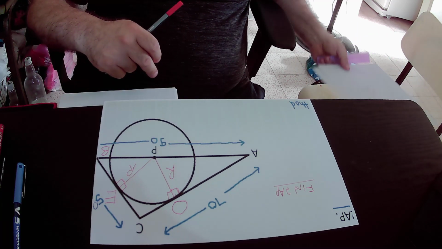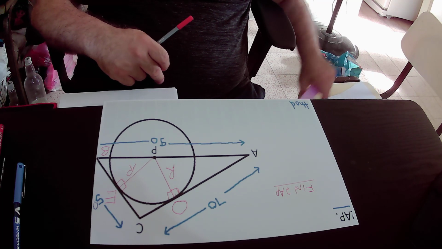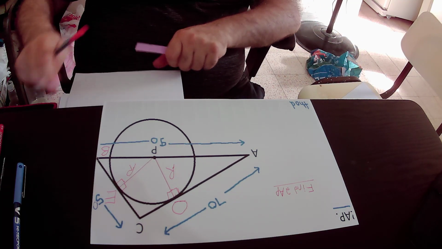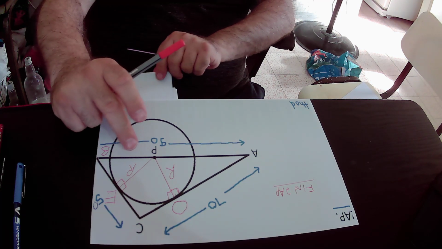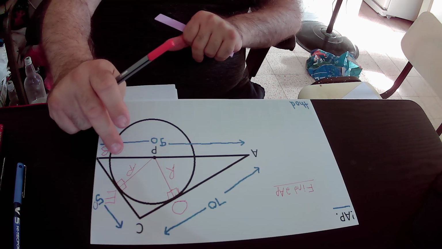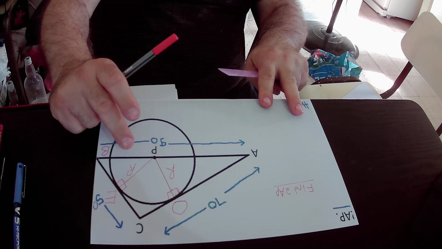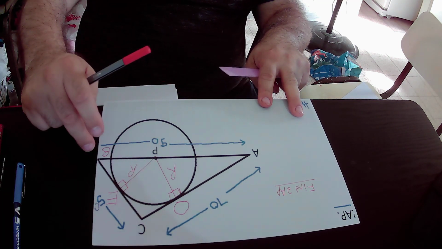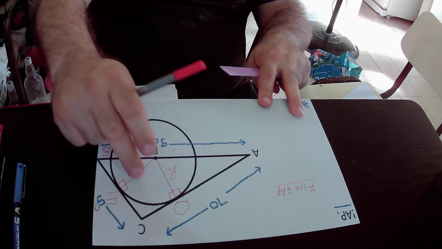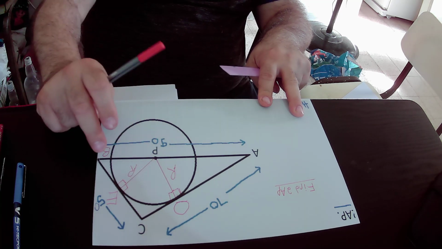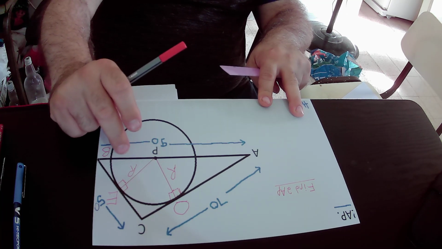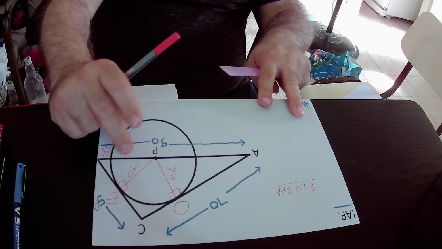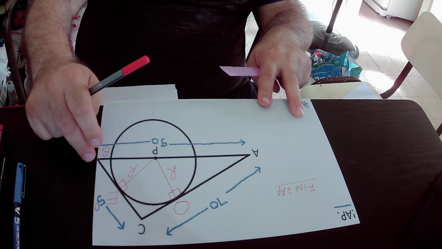In the same way, because PE is the radius of this circle and CB is the tangent to this radius, according to our rule they are perpendicular to each other, so PE is perpendicular to CB.